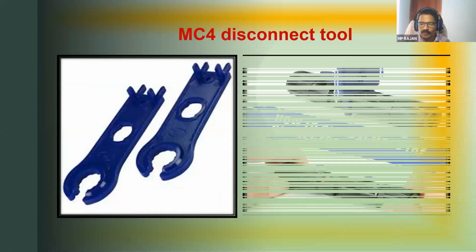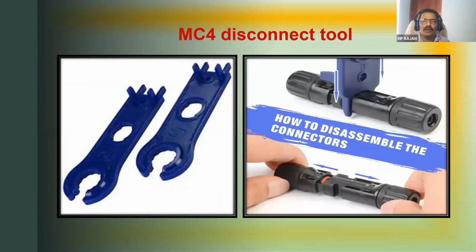To remove this, you require an MC4 disconnect tool. Can you see here? You have to insert the MC4 disconnect tool like this, so that the fingers will be pressed. When the finger is pressed, you can pull the pin back. You can disconnect the wire cable like this.